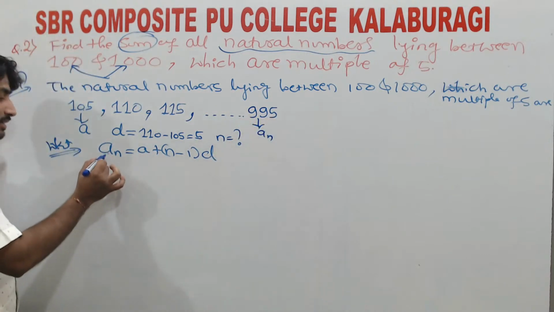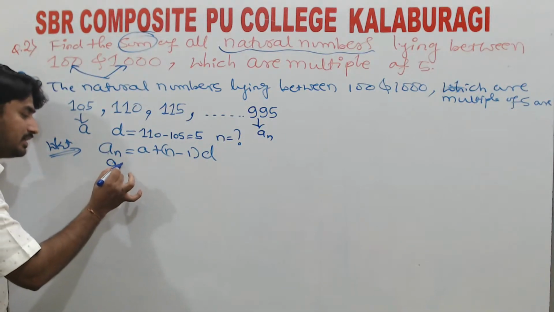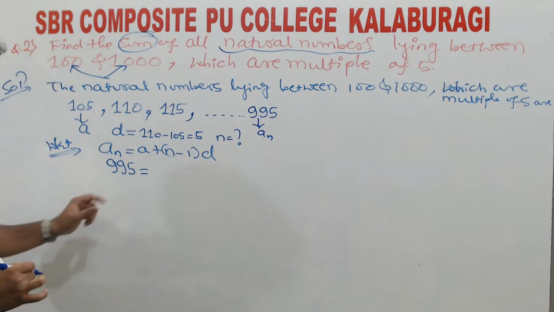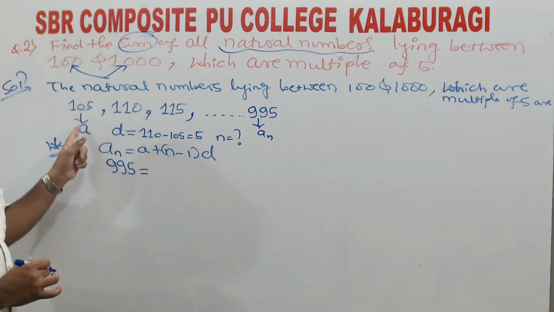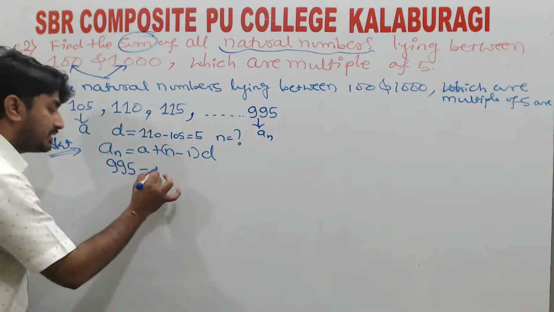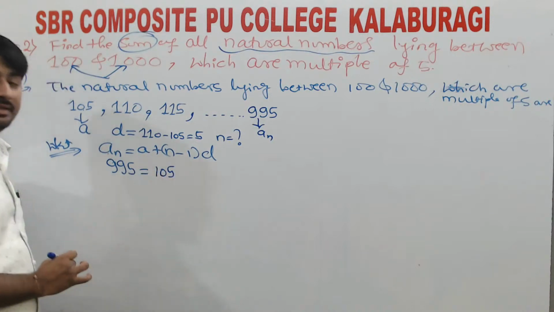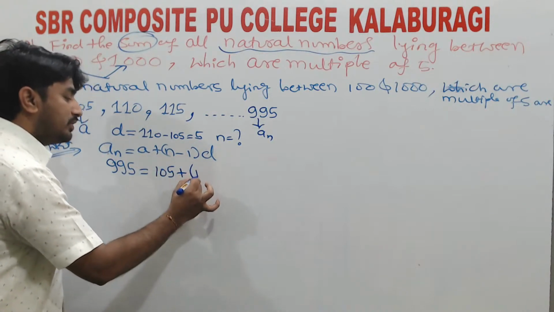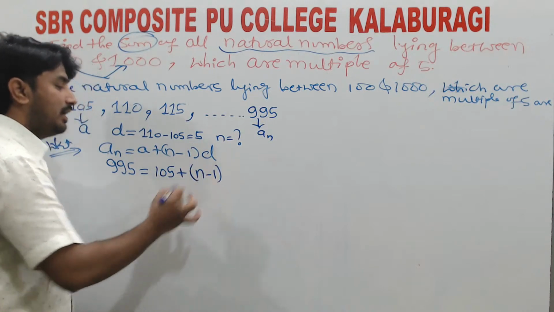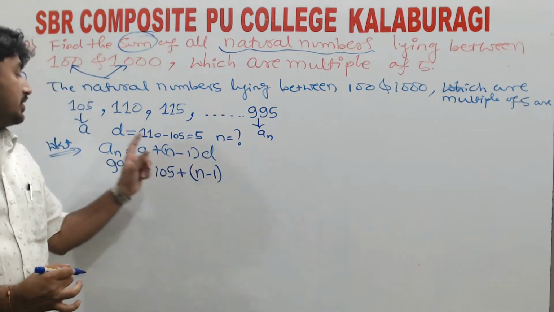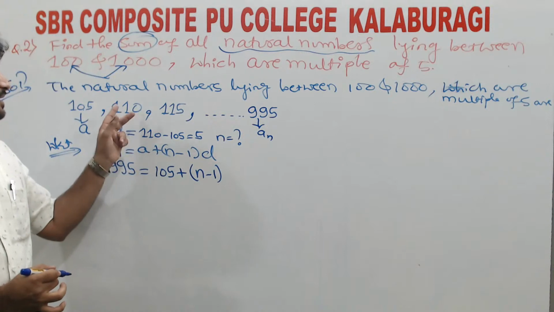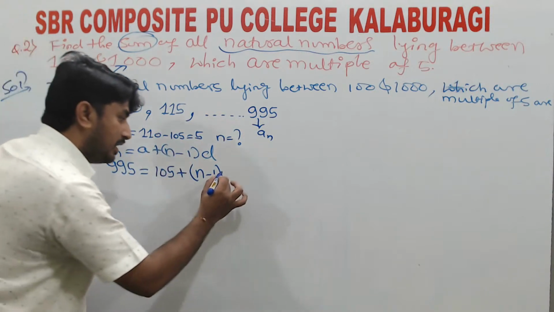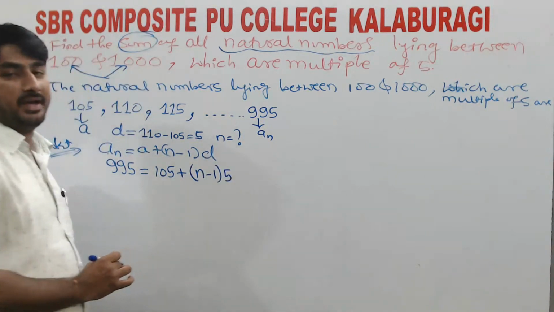So 995 equals, the first term is 105, plus n minus 1, we don't know the n value, and the common difference is 5.